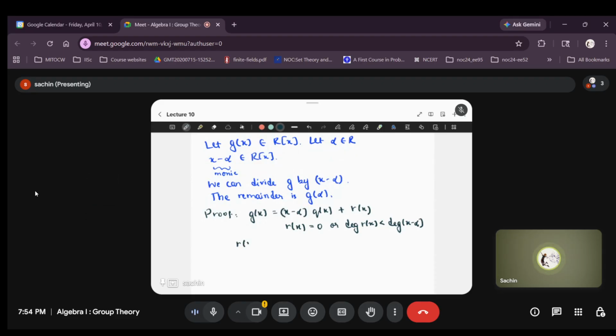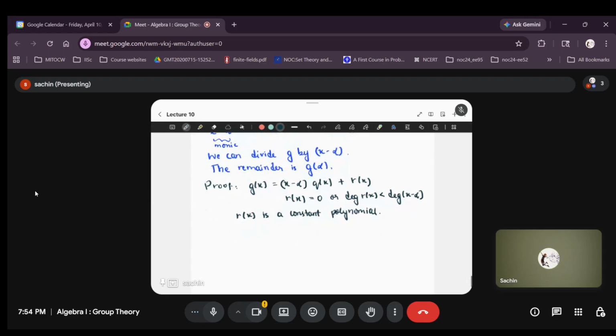So R of x is a constant polynomial, or simply a constant. So what does that mean? Regardless of what value of x I give, my R of x will not change, right?